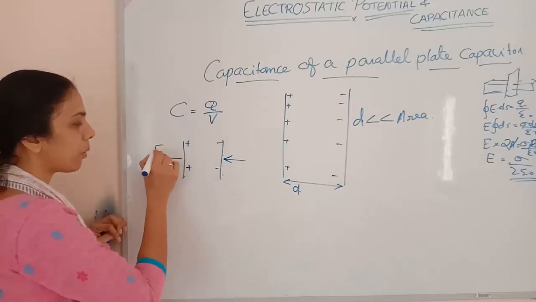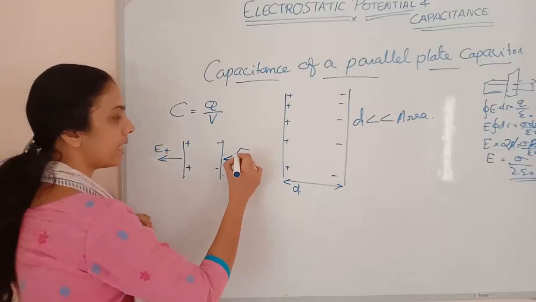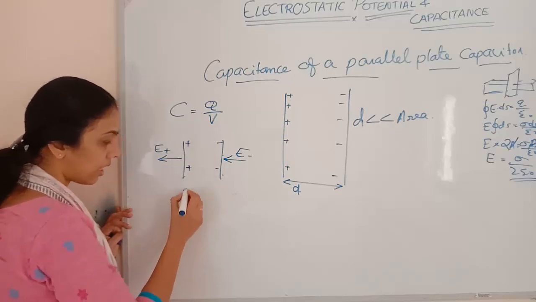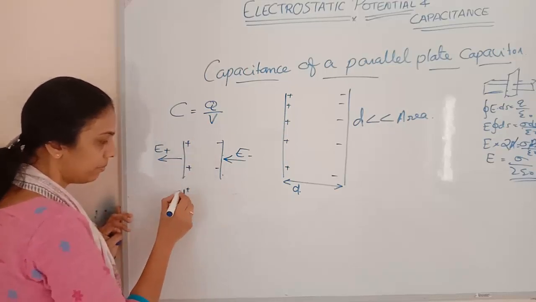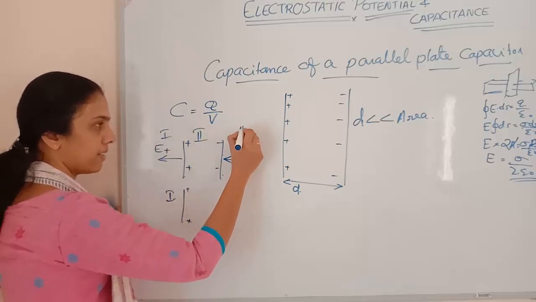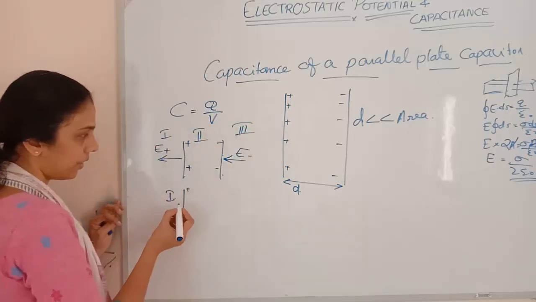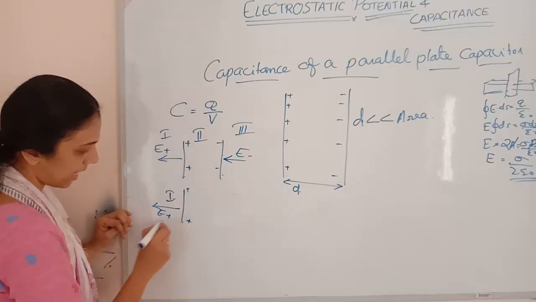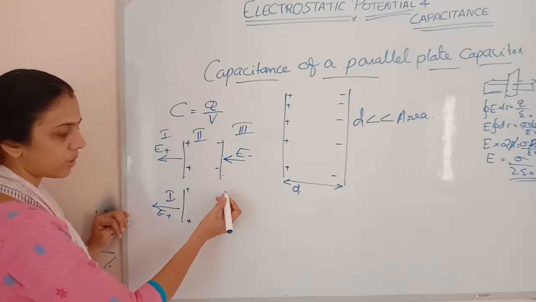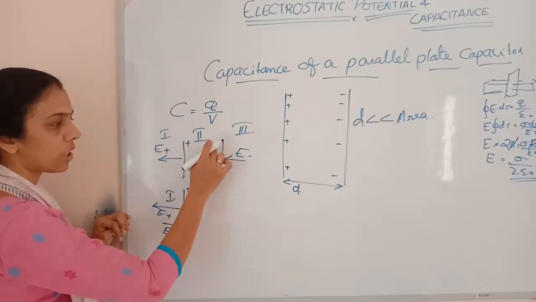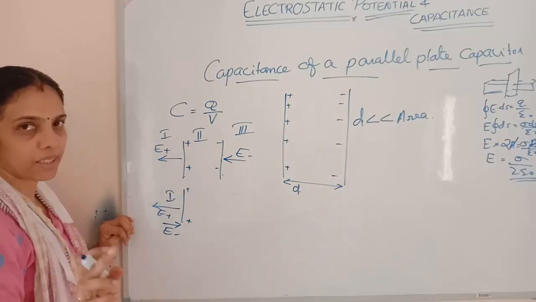So this is E positive and this is E negative direction. This is region 1, this is region 2 and this is region 3. For the first region, due to the positive charge, E positive acts outwards, and towards the negative it acts in this direction. Positive charges and negative charges are the same in number, right?